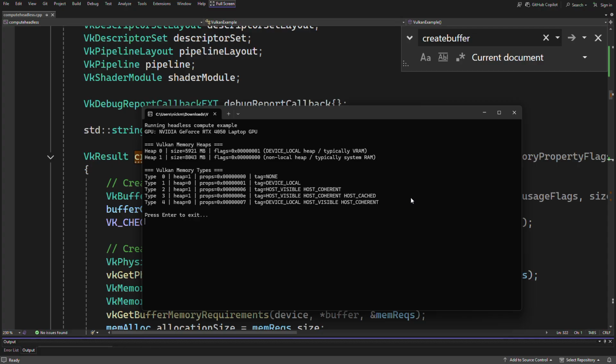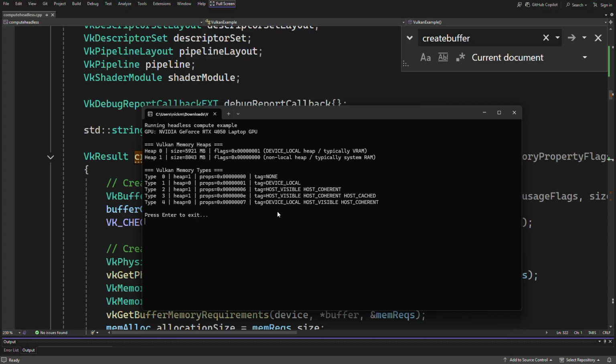But there are drawbacks to this type. And then you have type 4, which is device local, host visible. Device local means that it's local to the GPU. Host visible means the CPU can access it, and I guess host coherent, which means that both the CPU and GPU can access it.